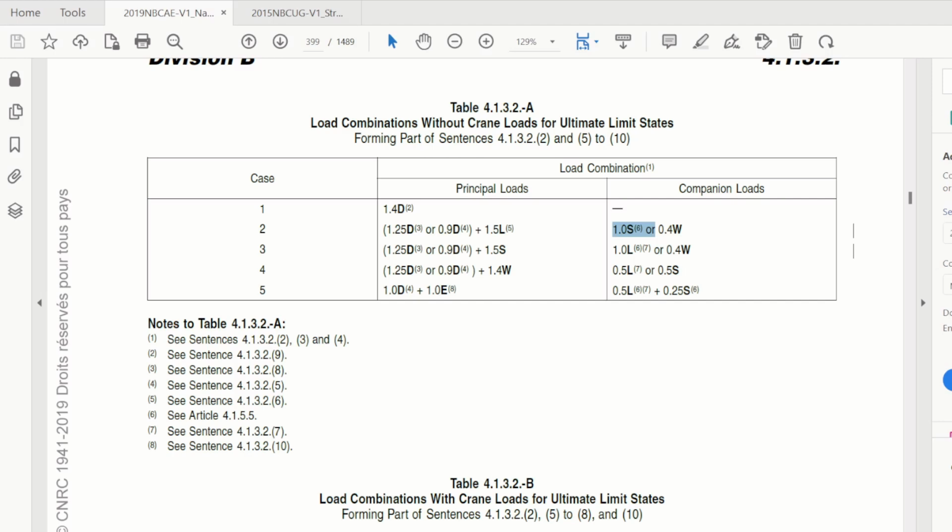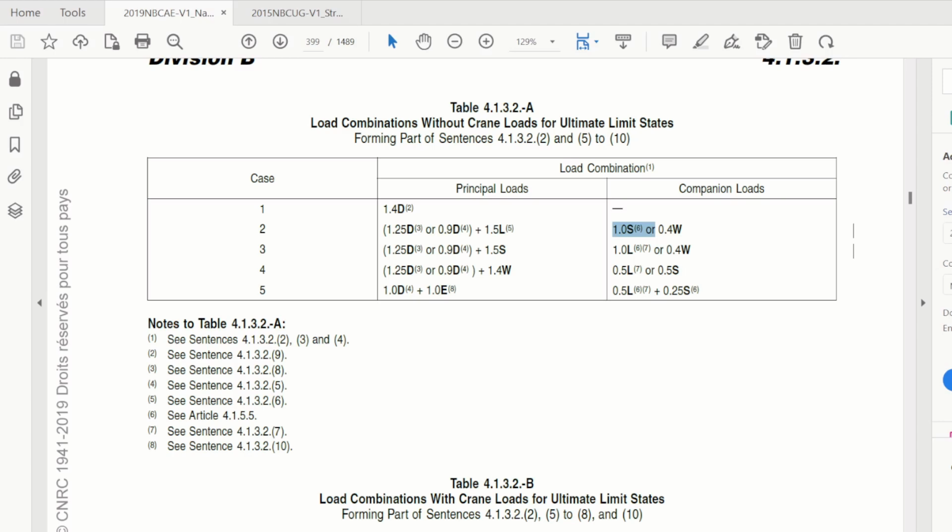Or no, you will only check whichever is bigger, either the live load or the snow load, because if this is a patio, during winter there's nobody that will occupy it. So you only select whichever produces the maximum value here.